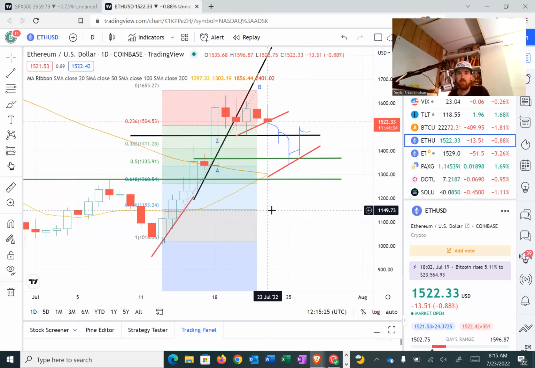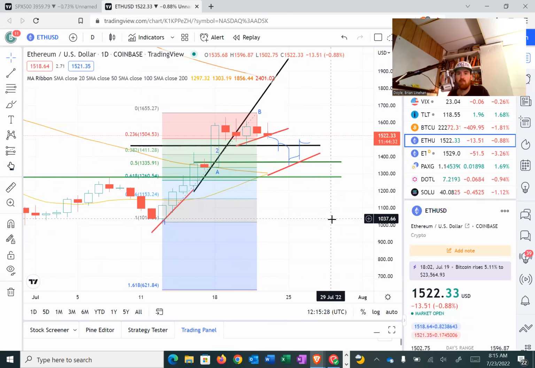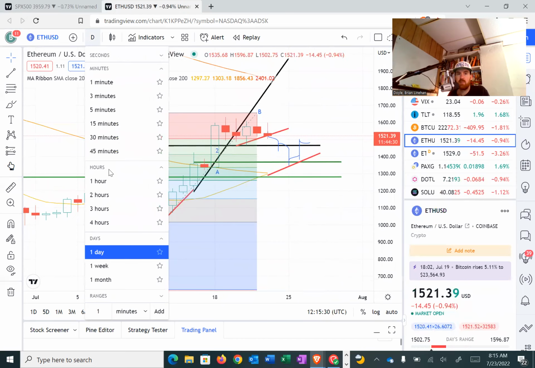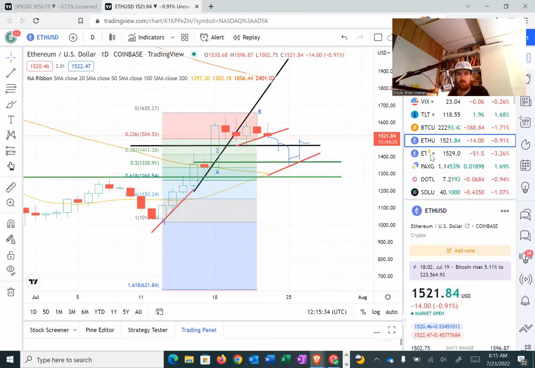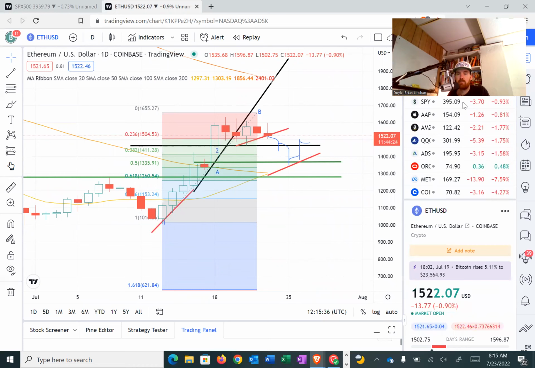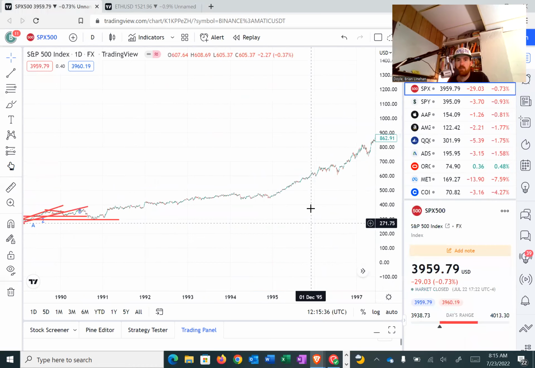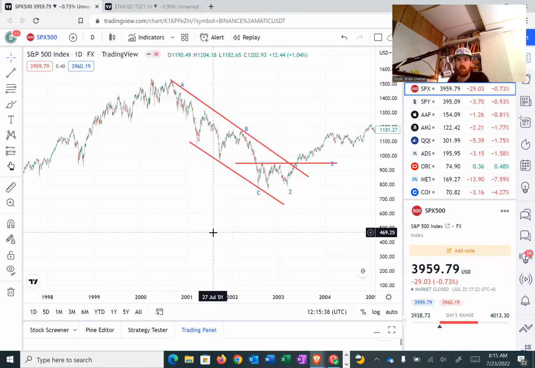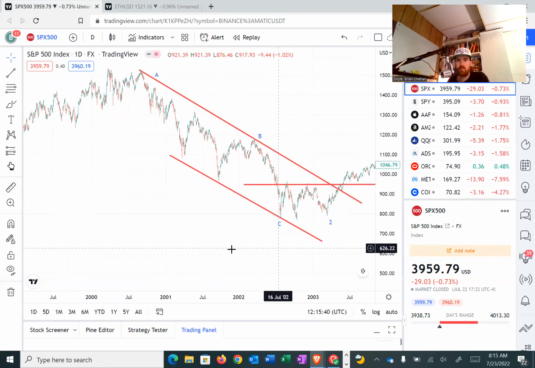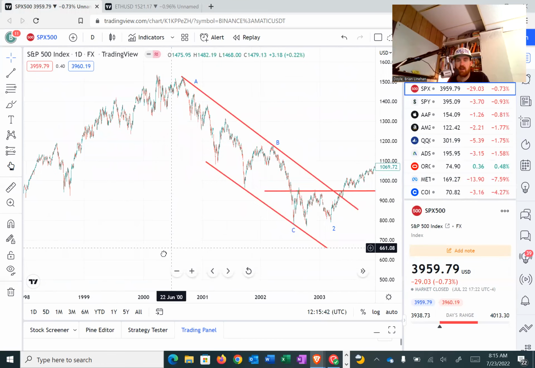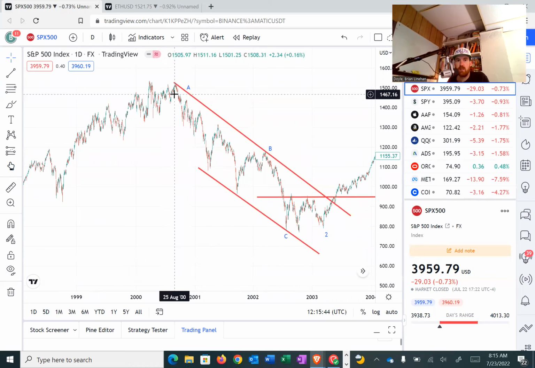I don't know, because the merge maybe will sort of create this massive buzz. Risk assets will start to flourish again, which I do think will happen. And we can actually look at what I think is going to happen here because this is called a trend reversal pattern. And this is exactly how it played out in 2000 to 2003.